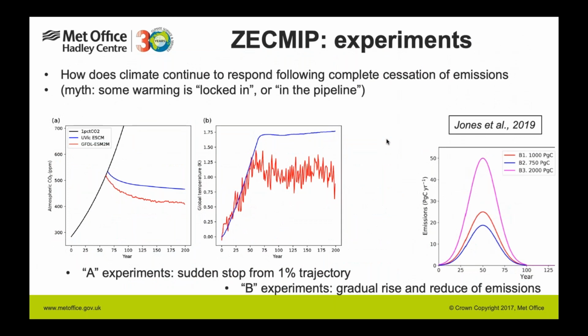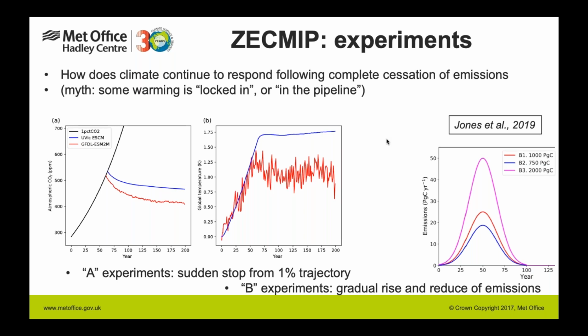The idea behind ZECMIP is to address the question of how the climate continues to respond following a complete stop of carbon emissions, and partly to address this myth that there is some warming locked in, or warming in the pipeline. It's sometimes said that if you stop emitting, the world will carry on warming for a while.